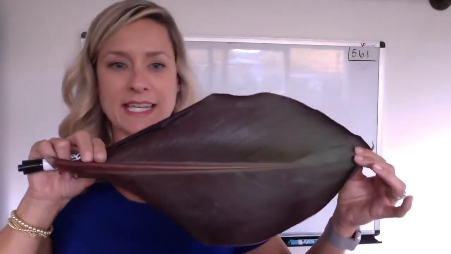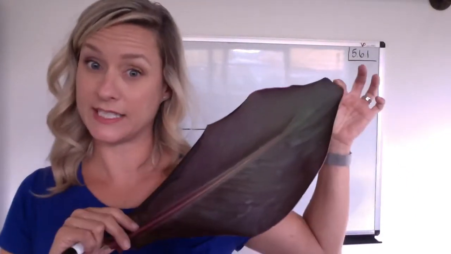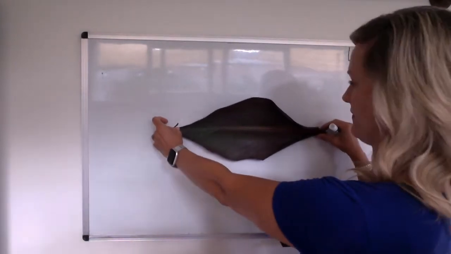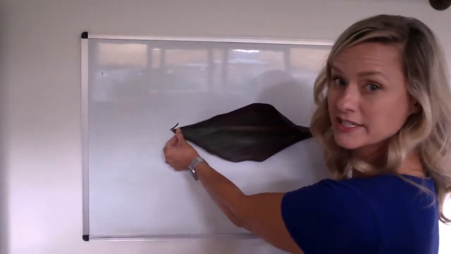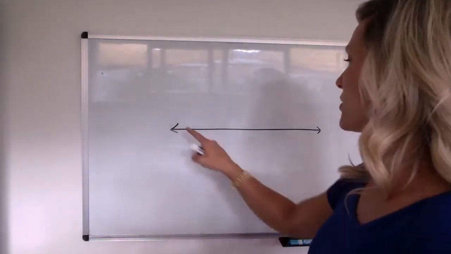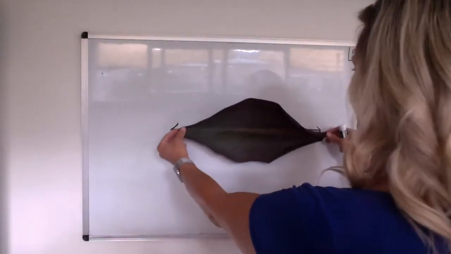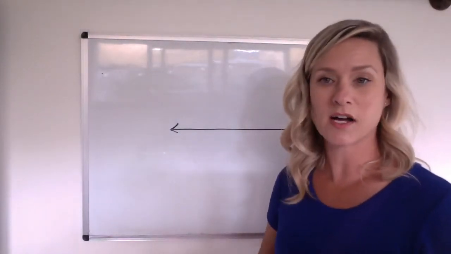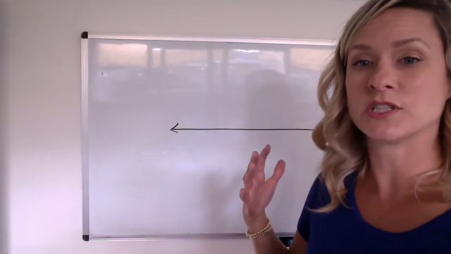All right, so we're going to talk a little bit more about symmetry and lines. See this leaf? Love this leaf. Check out this line here. I measured it, and it's the exact length. That's weird. Imagine that this line is just like this leaf down the middle, and we're going to try to draw symmetrical lines.